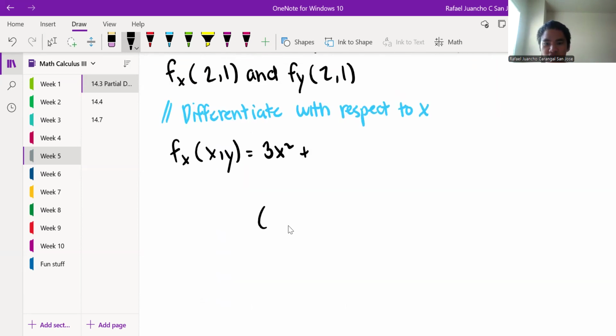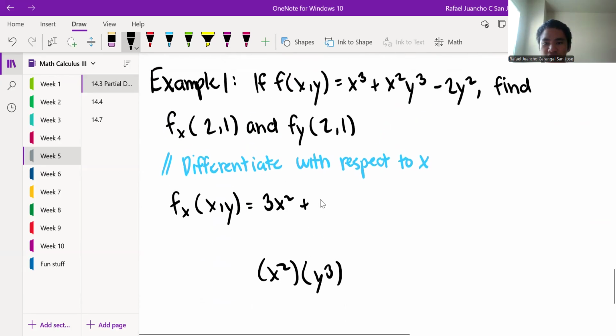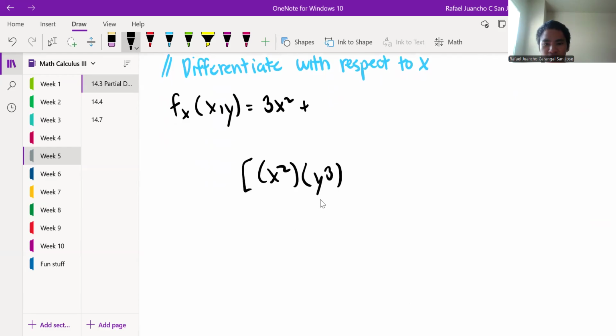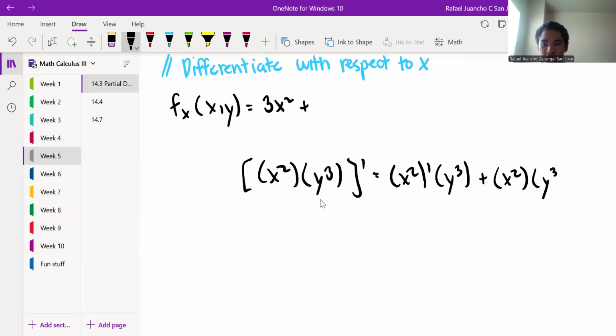If we take the derivative of that, that's a product rule. Here we do a product rule. So we're saying x squared derivative times y cubed plus x squared and the derivative of y cubed.